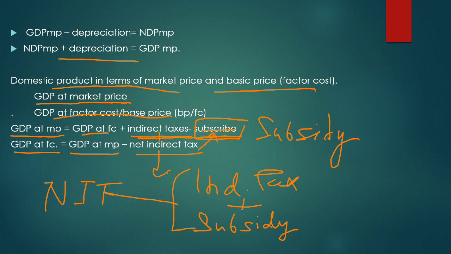So if you want to reach factor cost, we just deduct net indirect tax. If you want to reach market price, we just add net indirect tax. This is the main cause of the difference between market price and factor cost, or factor cost and market price. And when we talk about gross to net, the difference is depreciation.